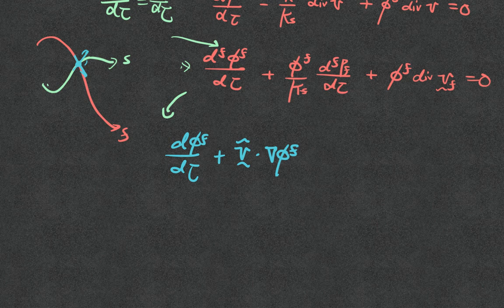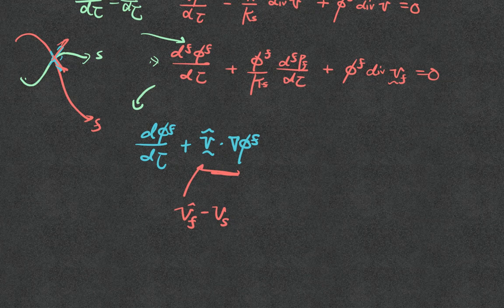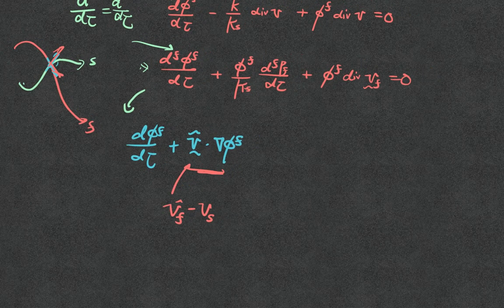This term takes account of the difference between these two trajectories, and hence this is the Darcy's velocity, which you may recall is the fluid velocity minus the solid velocity. Okay, sorry, this is not the Darcy velocity, it's the relative velocity. I'm sorry for the terminology mistake.